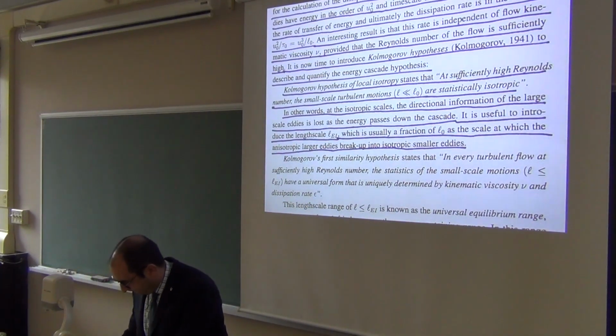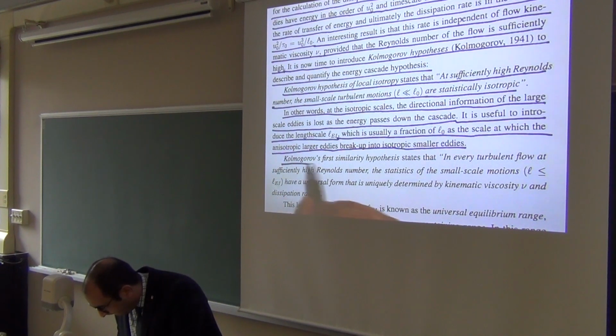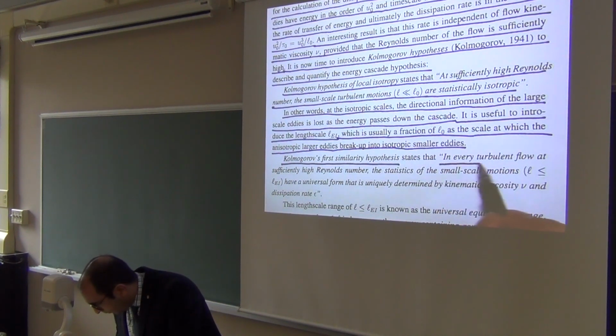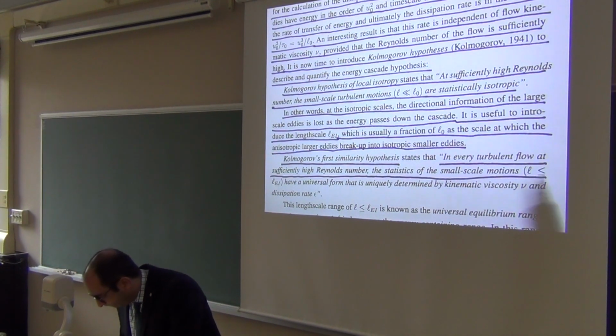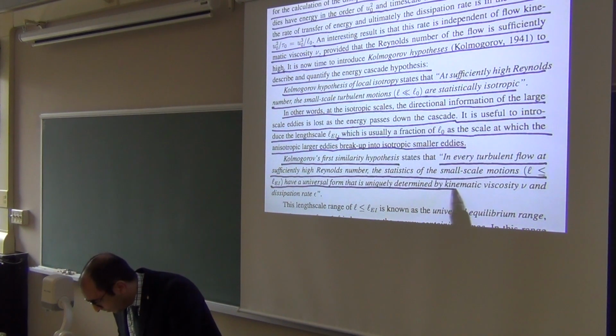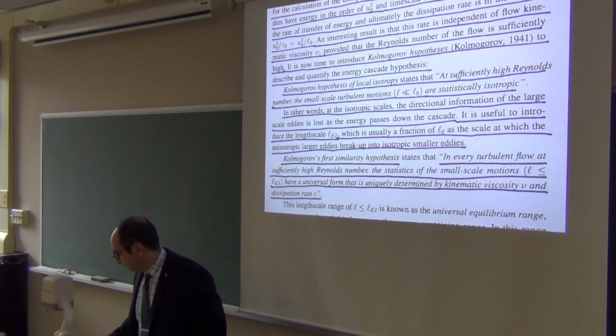In every turbulent flow at sufficiently high Reynolds number, the statistics of the small scale motions, for eddies less than a given size, have a universal form that is uniquely determined by kinematic viscosity and dissipation rate.